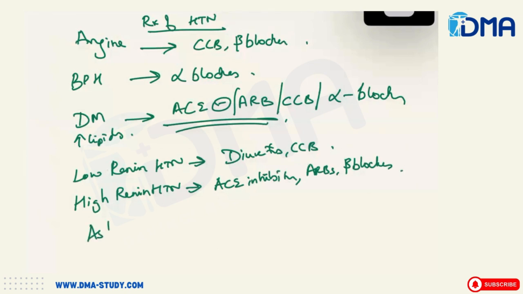If the patient has asthma, you give diuretics along with calcium channel blockers. Right? If the patient has hypertension and thyrotoxicosis, you give beta blockers.